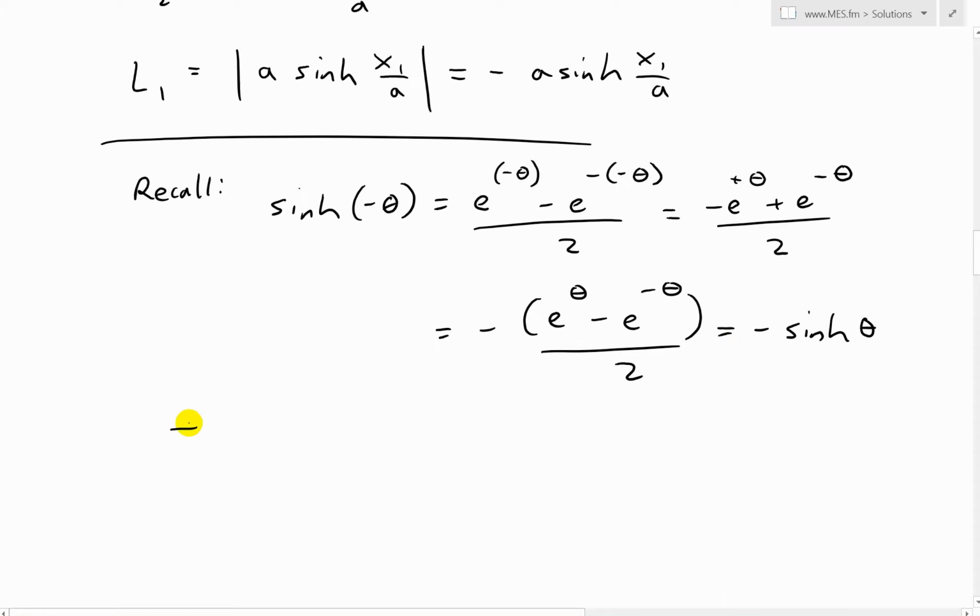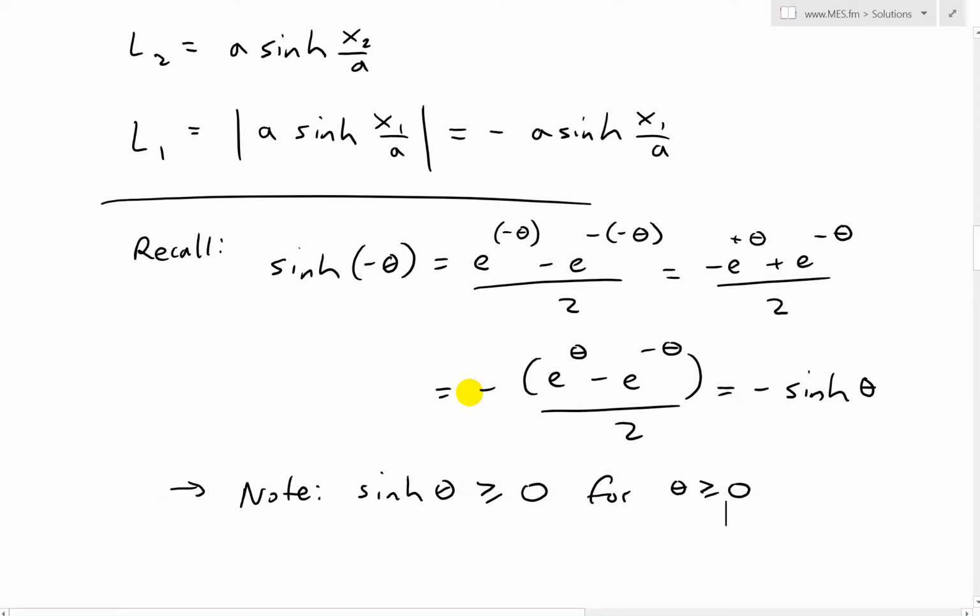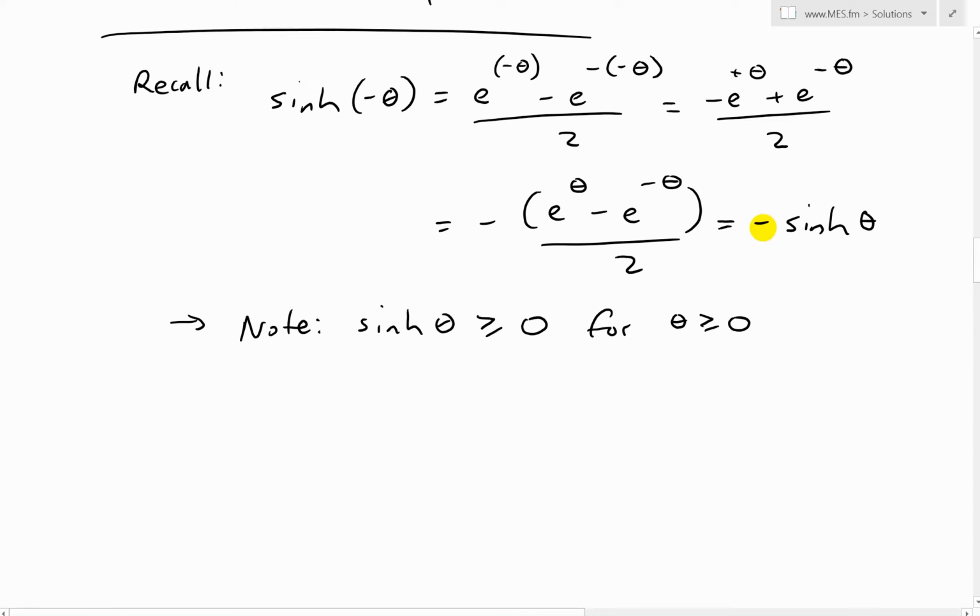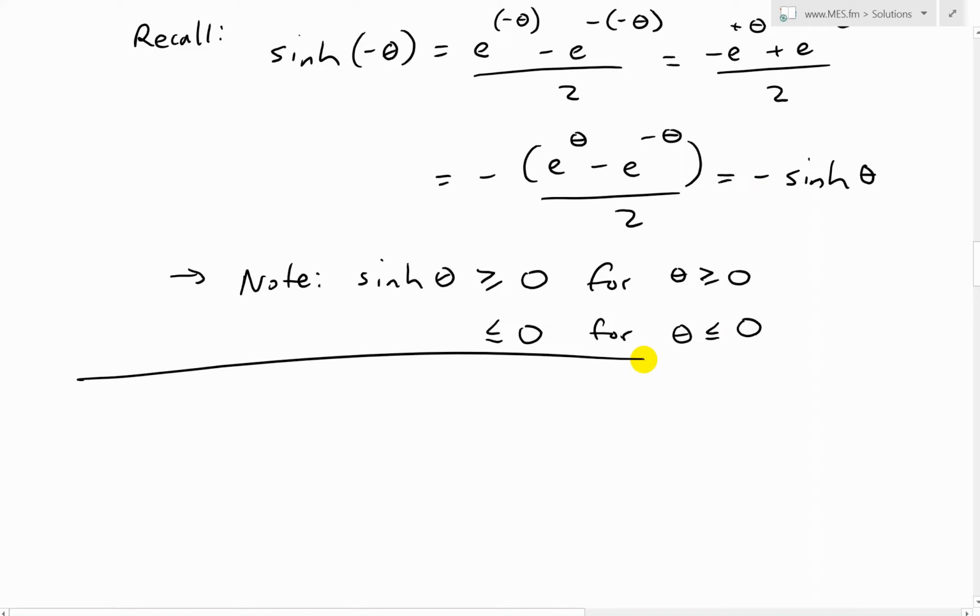Also note that sinh theta is greater than or equal to 0 for theta greater than or equal to 0, and hence that's how we get rid of the absolute value. It's less than or equal to 0 for theta less than or equal to 0, and in fact equals the negative of that. So let's put it over there.